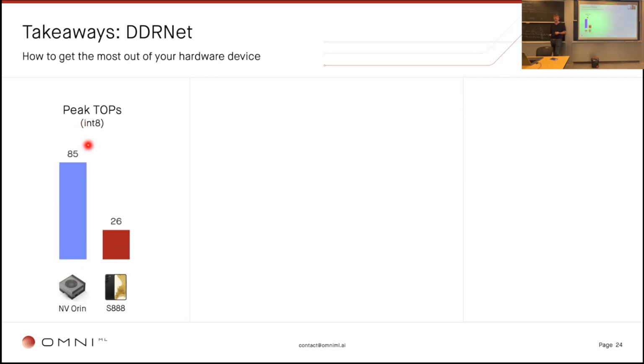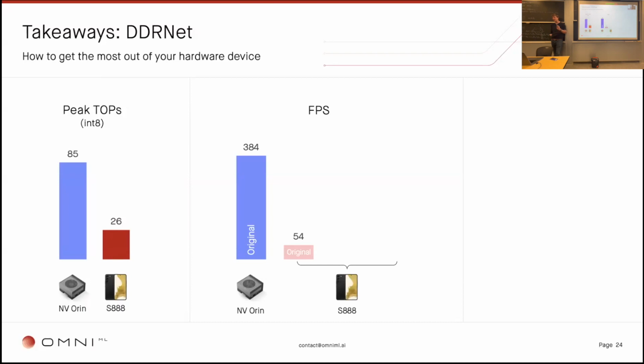Peak tops is how many operations this device can do per second. And you see that the phone is much less powerful than this orange chip. But after we adapt the model, optimize it and train it, we get to the same performance in terms of frames per second on this much less powerful device.